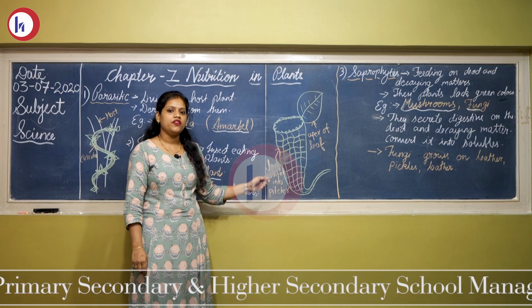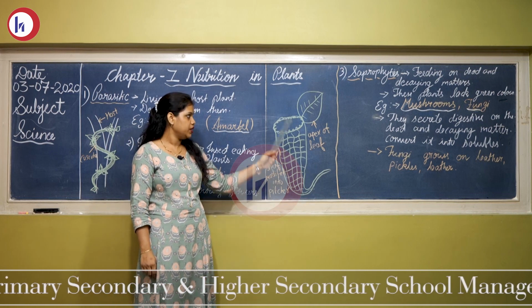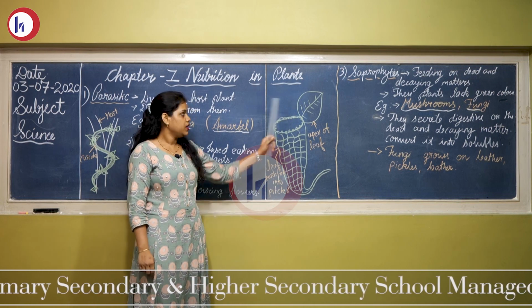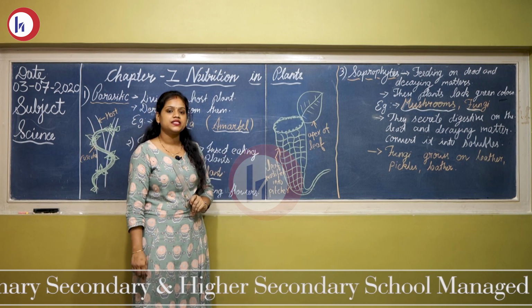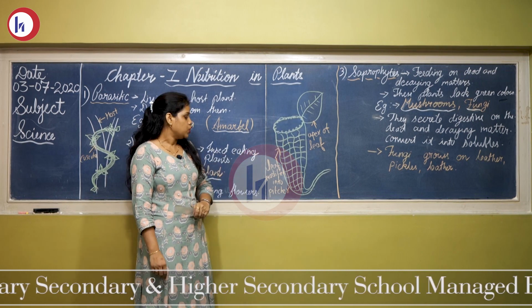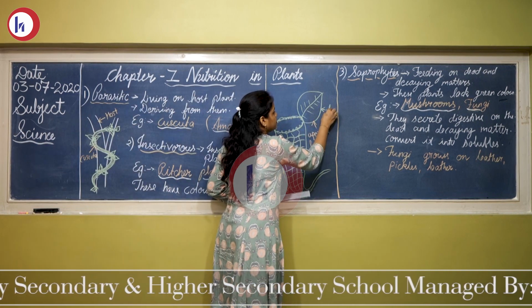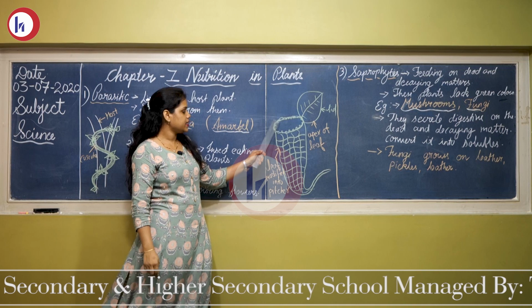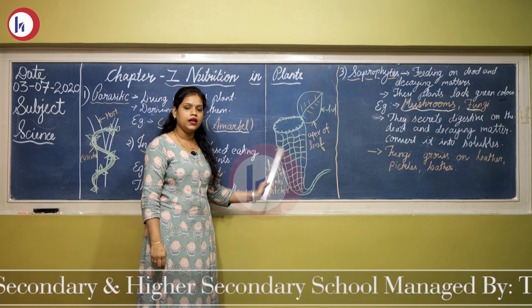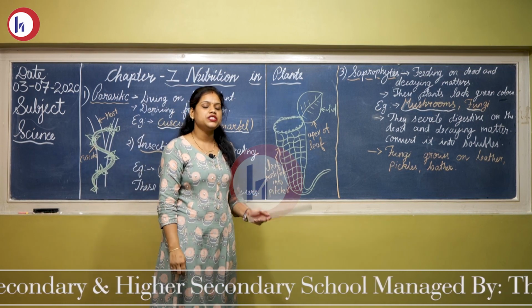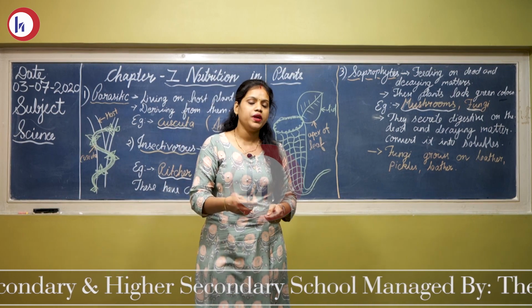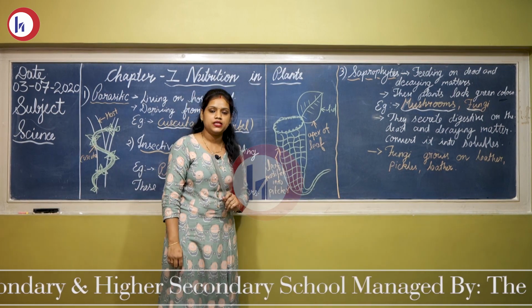The leaves get modified into a pitcher-like structure in which insects get trapped. The apex of the leaf modifies itself into a lid. This lid closes when insects sit on it, and insects get trapped inside. Inside the pitcher, digestive juice is secreted through which the insects get digested.